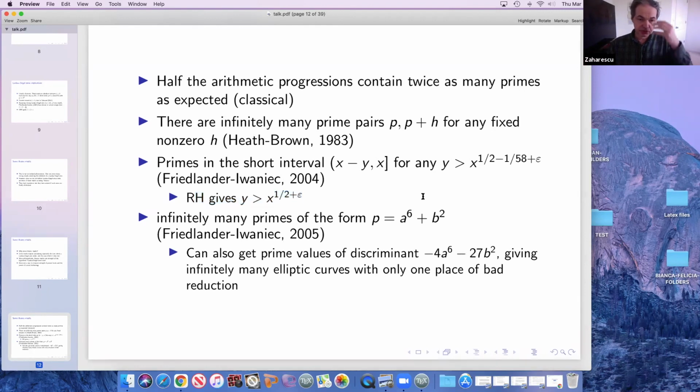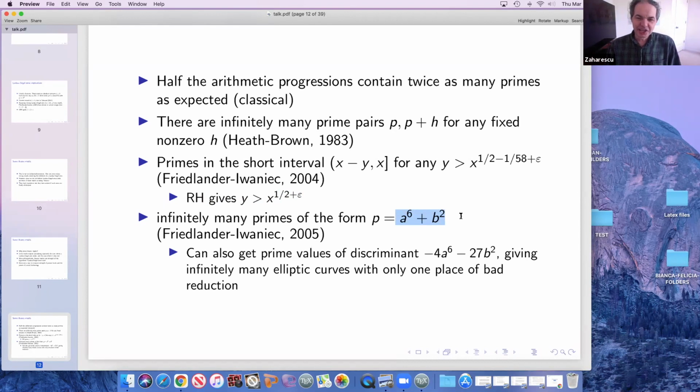And one more result, 2005, again, Friedlander-Iwaniec. If we assume a sequence of Landau-Siegel zeros, then there will be infinitely many primes of this form, a power of 6 plus a square.